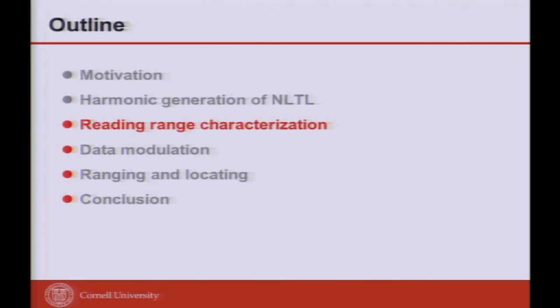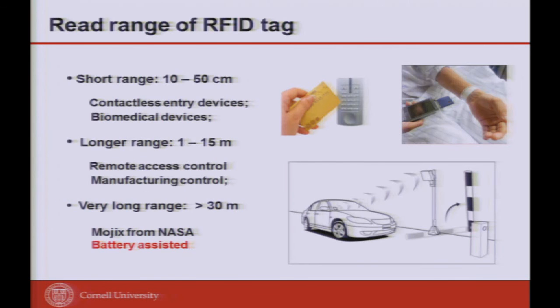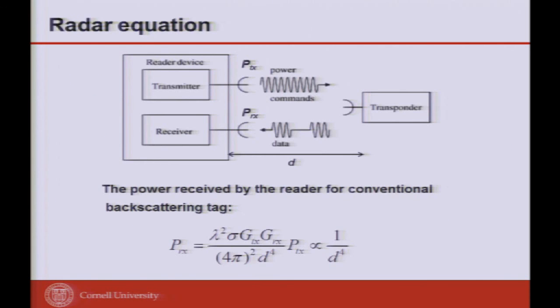So you can then characterize the reading range. Let's do this quickly. The radar equation gives you 1/d to the fourth power, and this is the radar equation for conventional RFID. Harmonic is doing a little bit worse than that, so that's a trade-off.